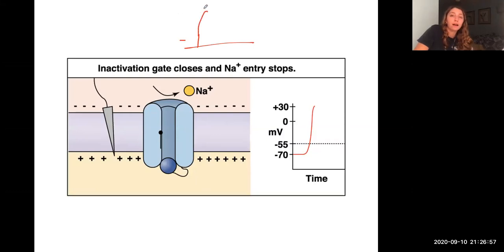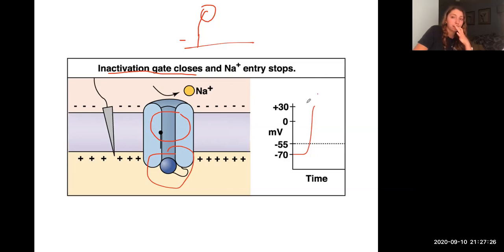At positive 30, the activation gate closes, which means this ball goes up in the hole and closes this. Sodium cannot enter, but the sodium channel remains open, but it's inactive. Do you understand that?